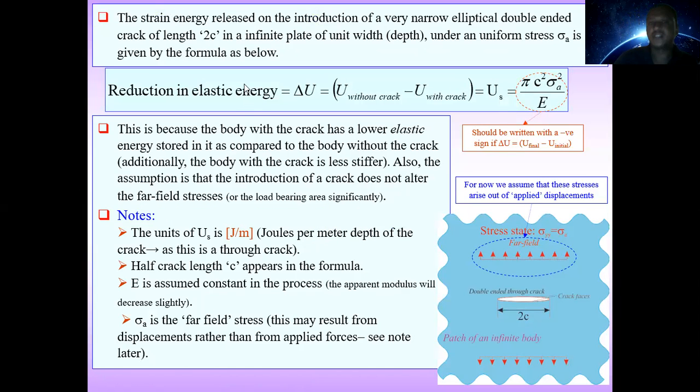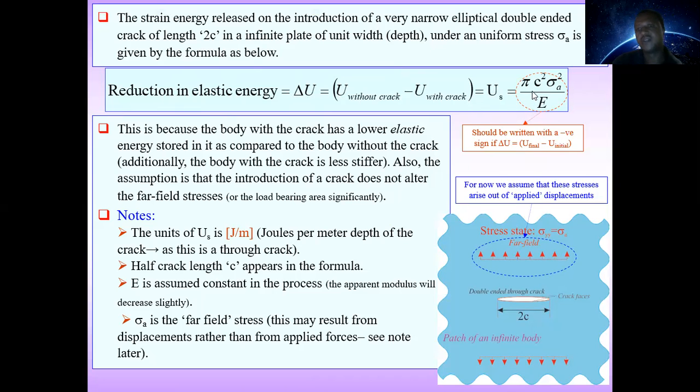The strain energy released on introduction of a very narrow elliptical double-ended crack of length 2c in an infinite plate of unit width or depth under a uniform stress sigma A is given by the formula: reduction in elastic strain energy delta U, which is equal to U without crack minus U with crack, which is equal to Us.